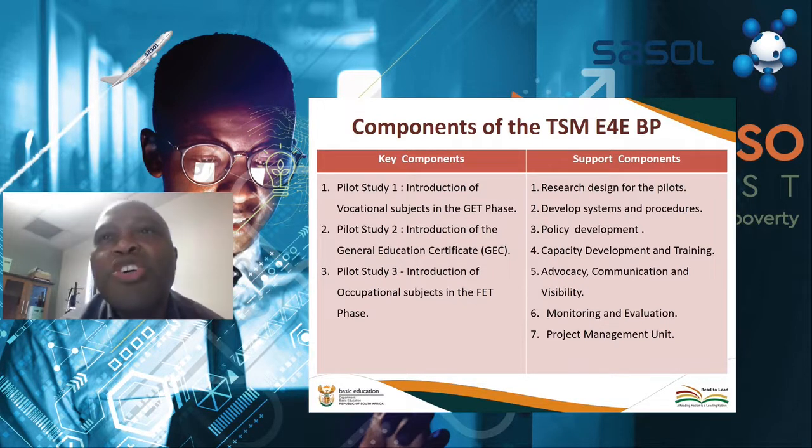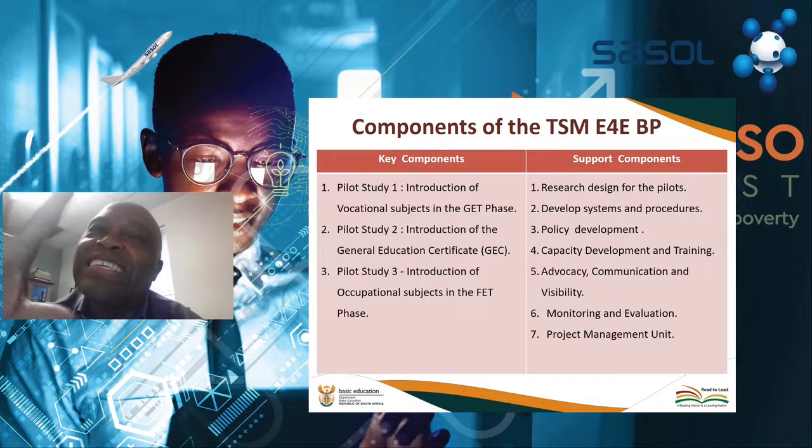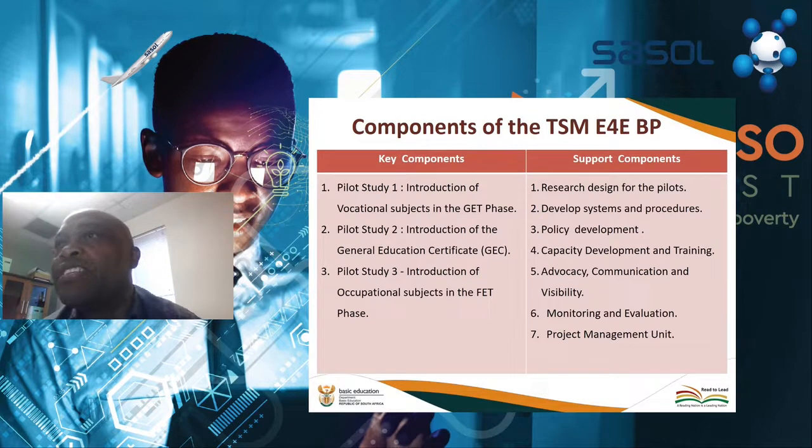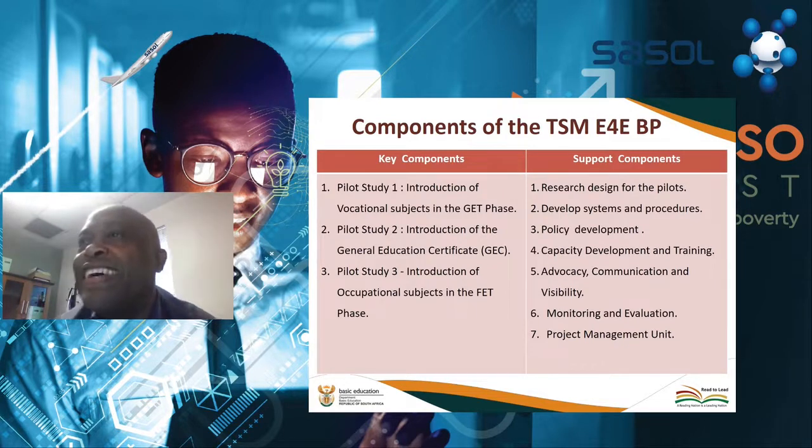Pilot number 3 is the introduction of occupational subjects in the FET phase. There are some support components that are supporting these 3 components that I've presented from our business plan. For instance, there is research design for the pilots, development of systems and procedures, policy development, capacity building and training of teachers and subject advisors, advocacy, communication, and visibility.